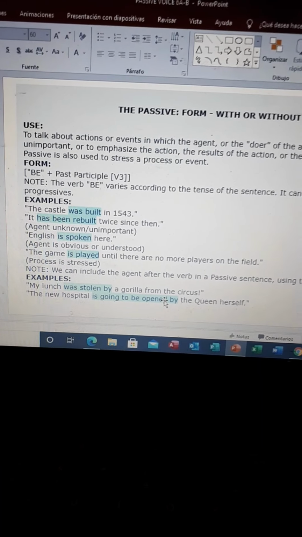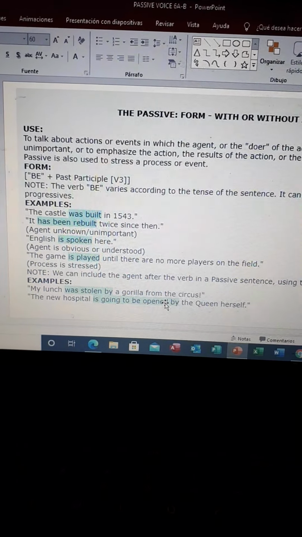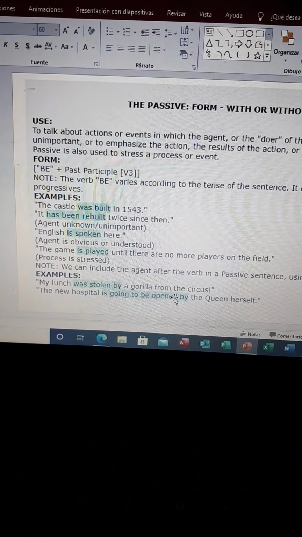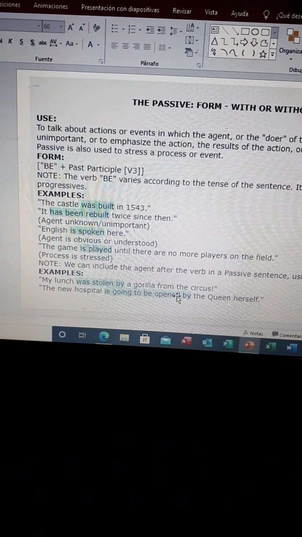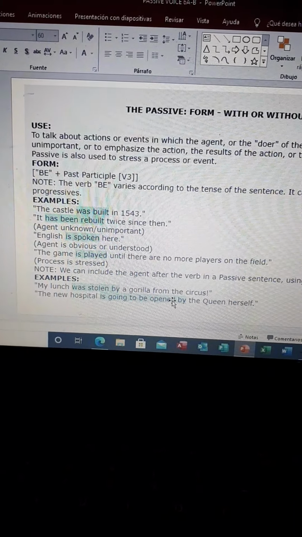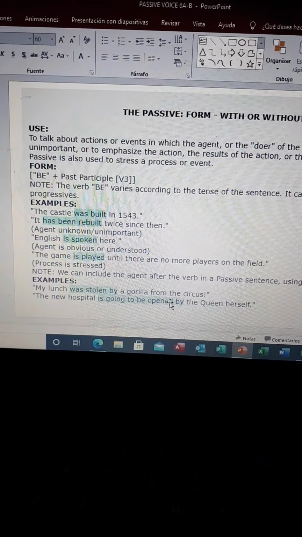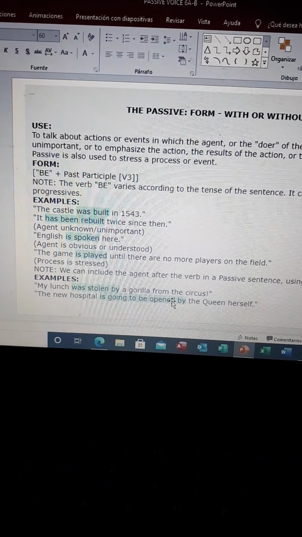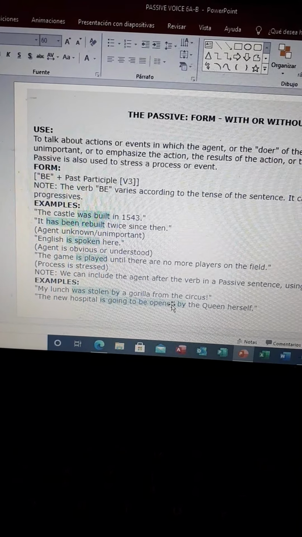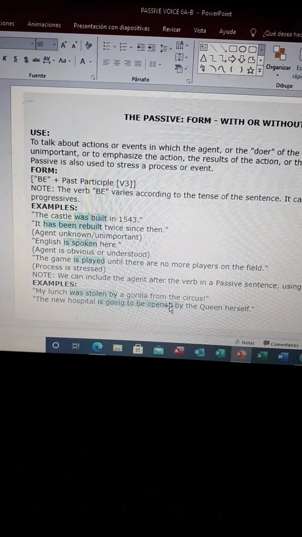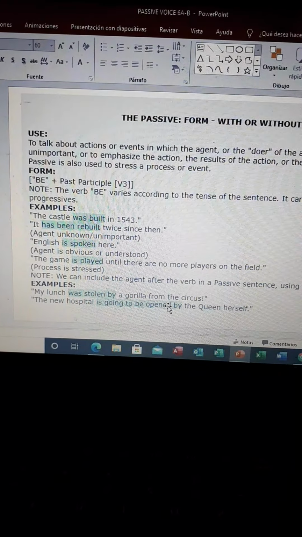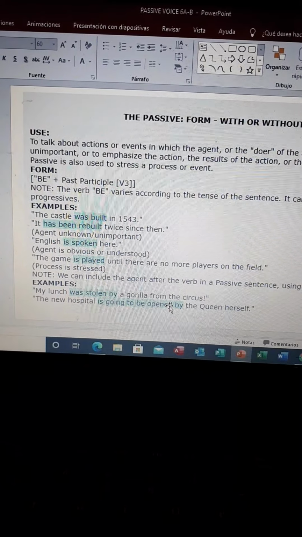So here we have some grammar information. Okay? It says also that it is used to emphasize the action, the results of the action or the receiver of the action, not the person who did the action. Okay? The passive is also used to stress a process or event.